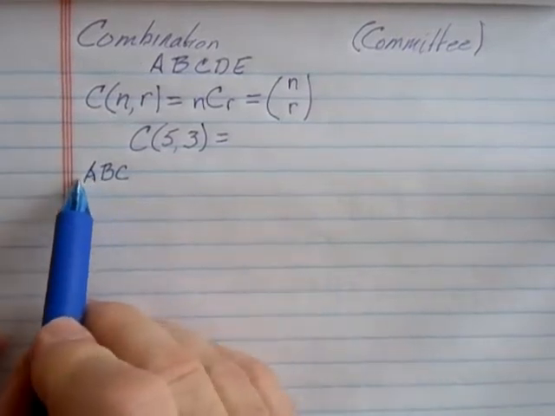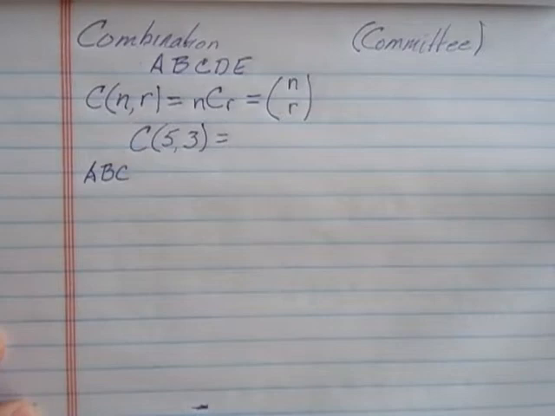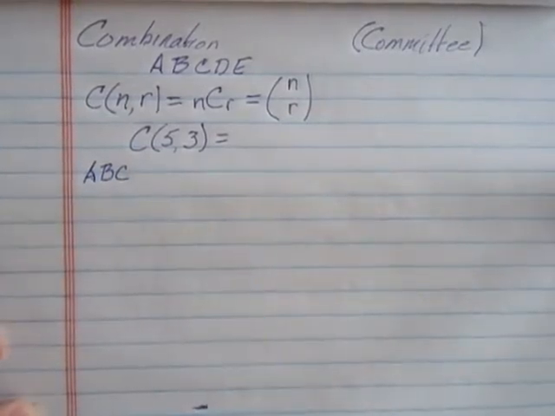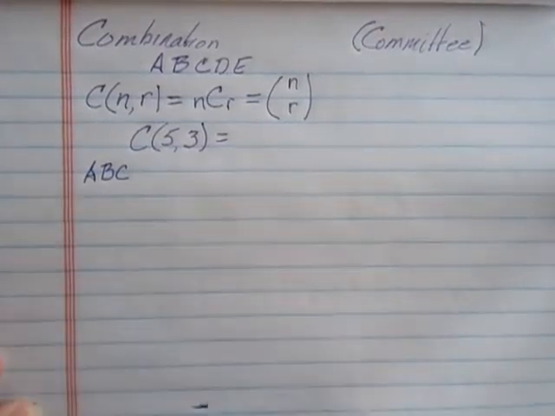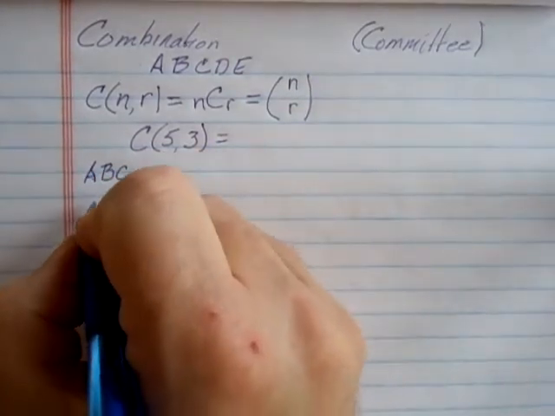When we were building presidencies or permutations, there were actually 6 different presidencies that we could make out of those 3 people. But when we're making committees, that's one committee. Those same 3 people would make 6 permutations.